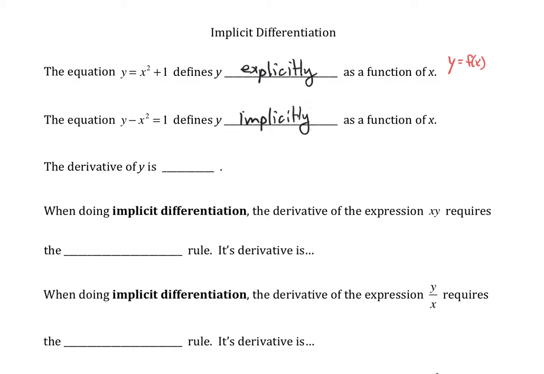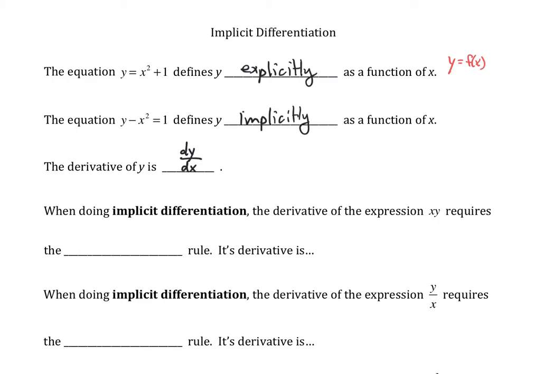And for us, a very key idea, especially when we're defining y implicitly as a function of x, is to know that the derivative of y is dy dx. And of course, this is our standard depiction of the derivative of y in Leibniz notation. All right.